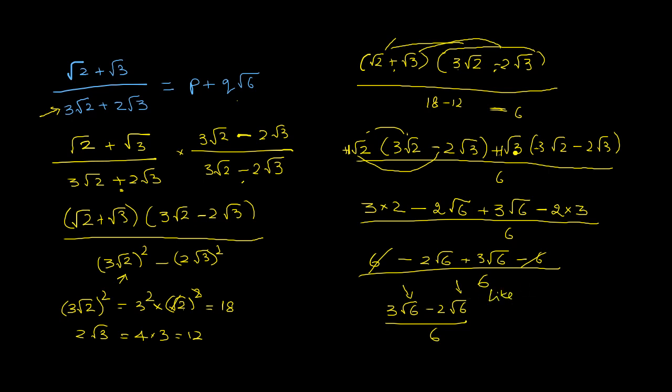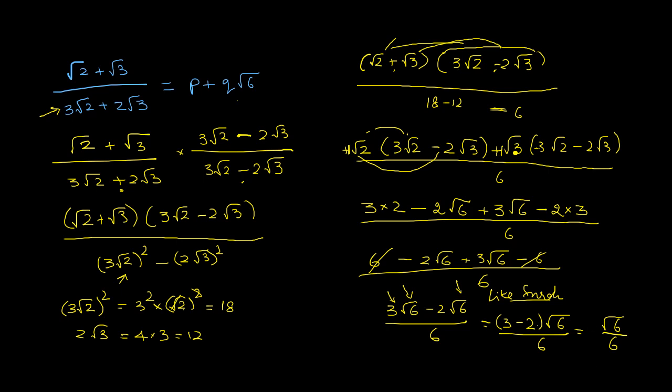Or if you don't want to go with like surds, what you can do is take root 6 as common. If I take root 6 common, what will happen? Here 3 is left, here 2 is left. 3 minus 2 divided by 6. 3 minus 2 is 1, which is going to be root 6 by 6.